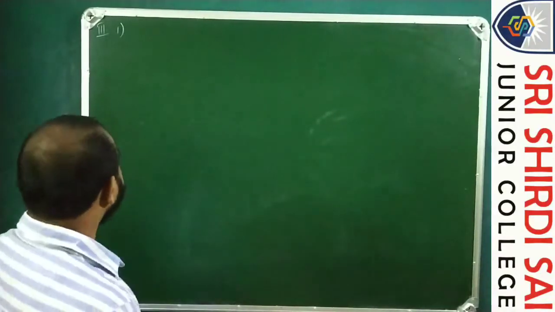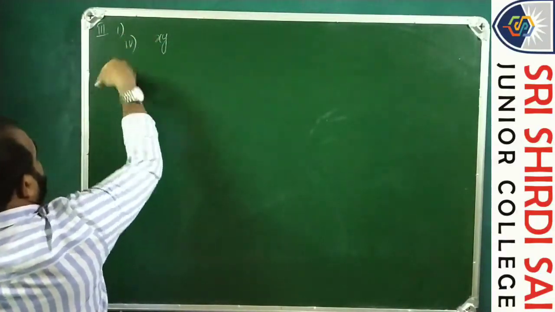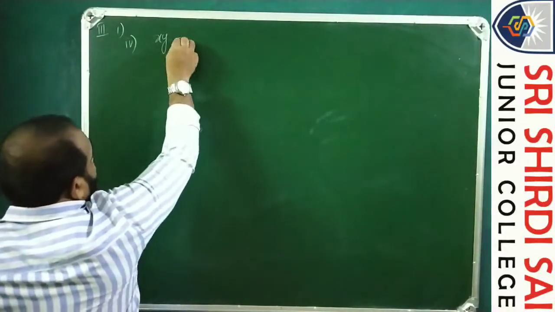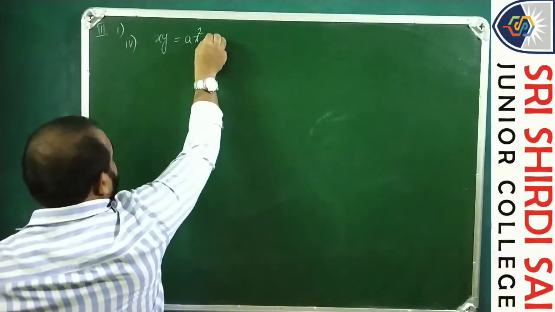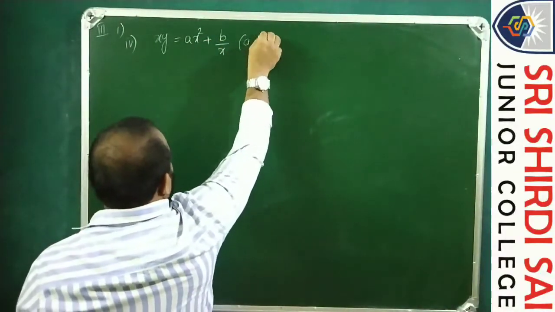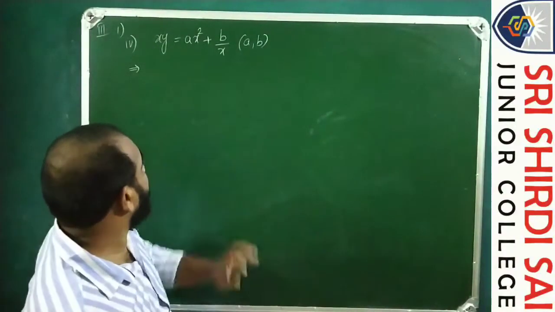The next question is the fourth bit from third Roman first question. xy is equal to ax square plus b by x. So here we need to eliminate the a, b values. Let us cross multiply this.